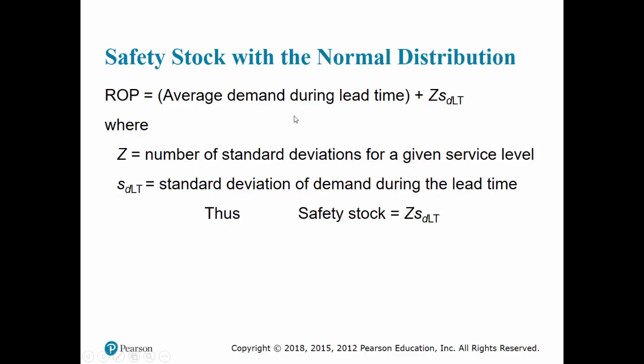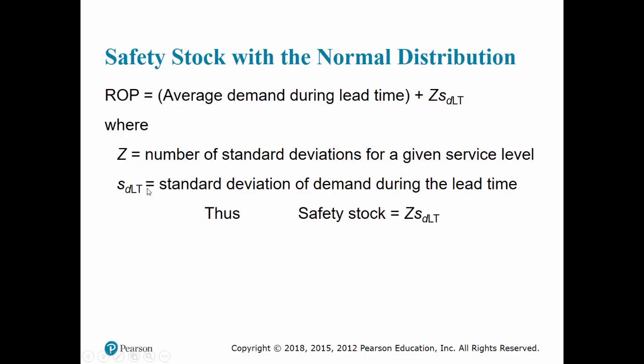Service level will be a cumulative probability, and you look up the z value, and then you need to have the standard deviation of demand during lead time. So that subscript DLT stands for demand during lead time.